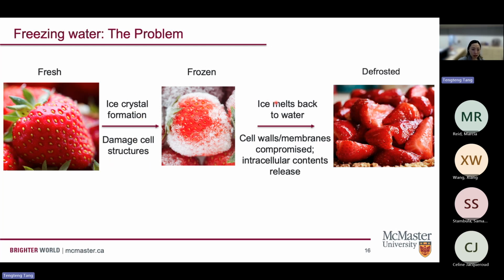And when the ice melts back into water, the cell membranes and the cell walls have already been compromised, and the intracellular contents will be released. So the cellular architecture was never as intact as before. Really, to preserve the cellular architecture as native as possible, we have to perform cryogenic preparation.